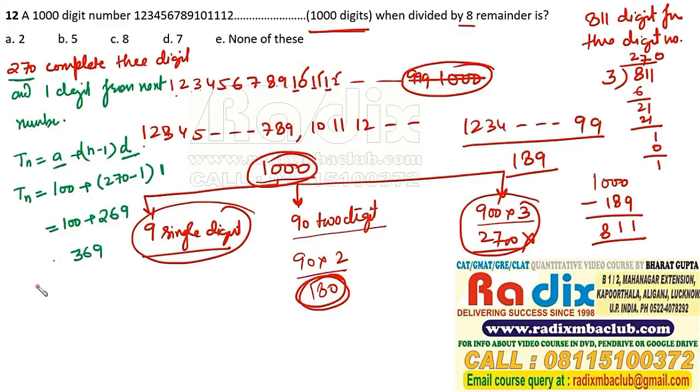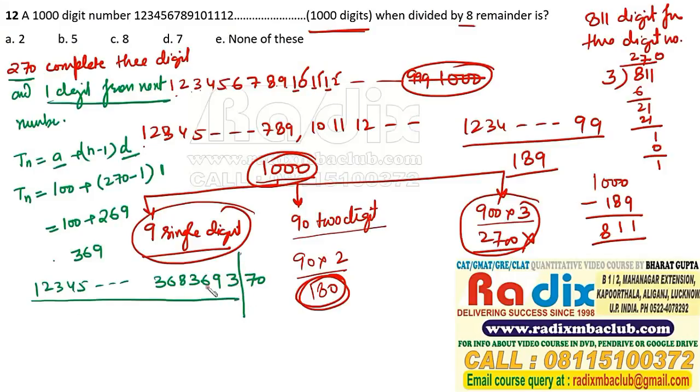So the sequence would be like this: 1, 2, 3, 4, 5, and so on, 368, 369. Next number would be 370, and we have to take only one digit from the next number, right? So this is what our 1000-digit number would be.